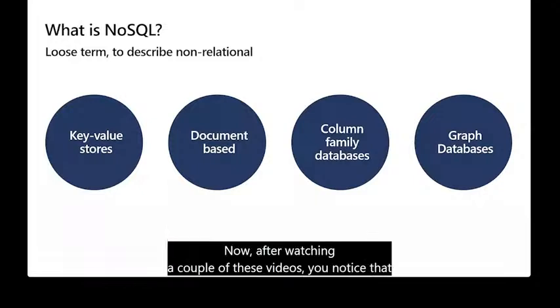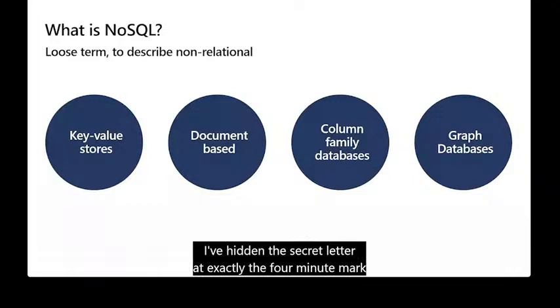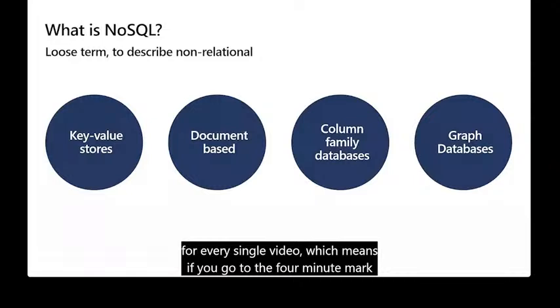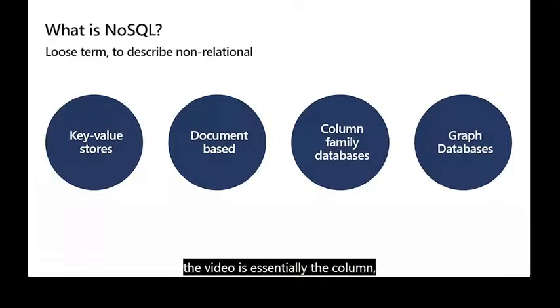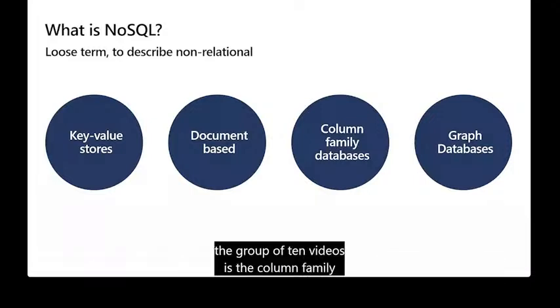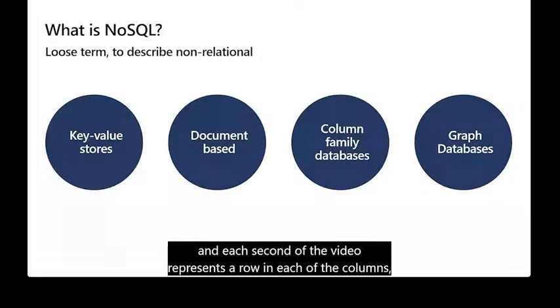Now, after watching a couple of these videos, you notice that I've hidden the secret letter at exactly the 4-minute mark for every single video, which means if you go to the 4-minute mark for every single one of these videos, you'll be able to find the secret letter and in turn, the secret word. Now, in this analogy for a column family database, the video is essentially the column, the group of 10 videos is the column family, and each second of the video represents a row in each of the columns.